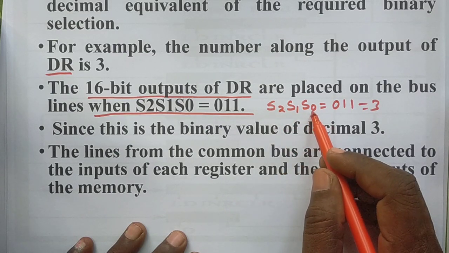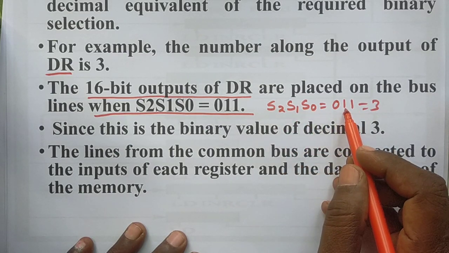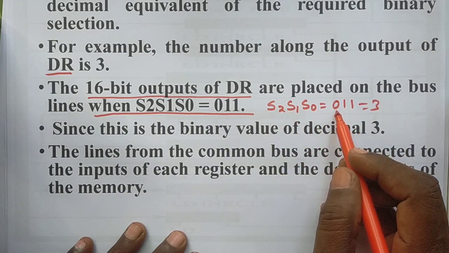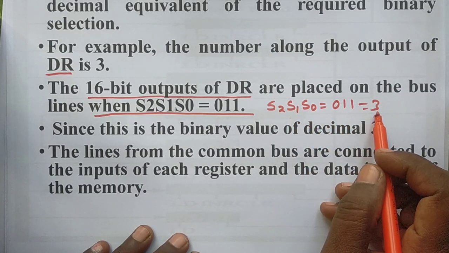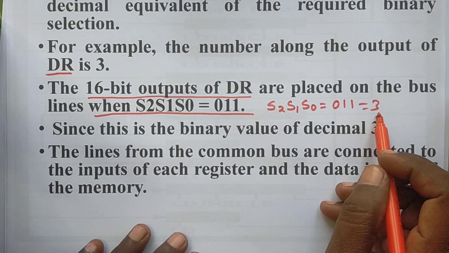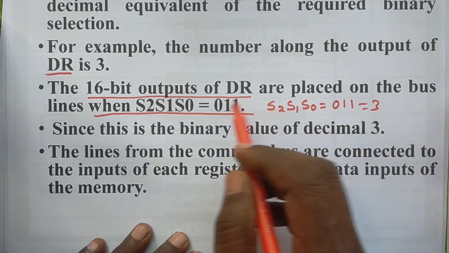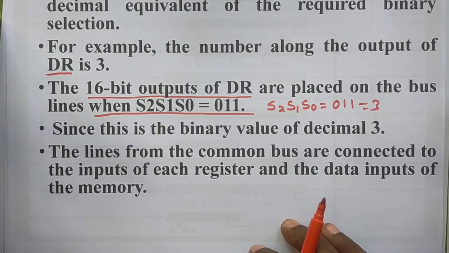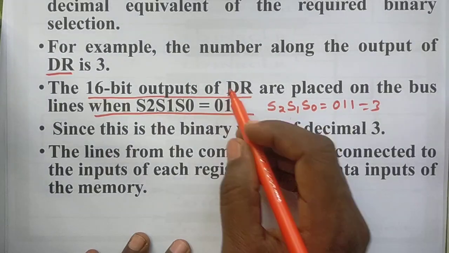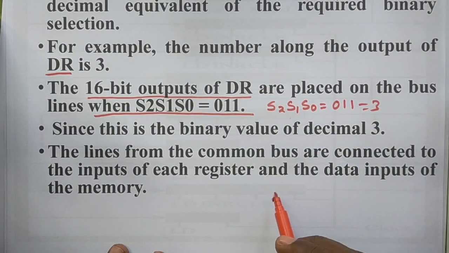That means S0 is 1, S1 is 1, S2 is 0. When this value is activated, automatically the number will be 3. The number 3 means it is connected to the DR register, so it will activate. Activate means it will release the data from the data register to the common bus. So this is the basic concept.